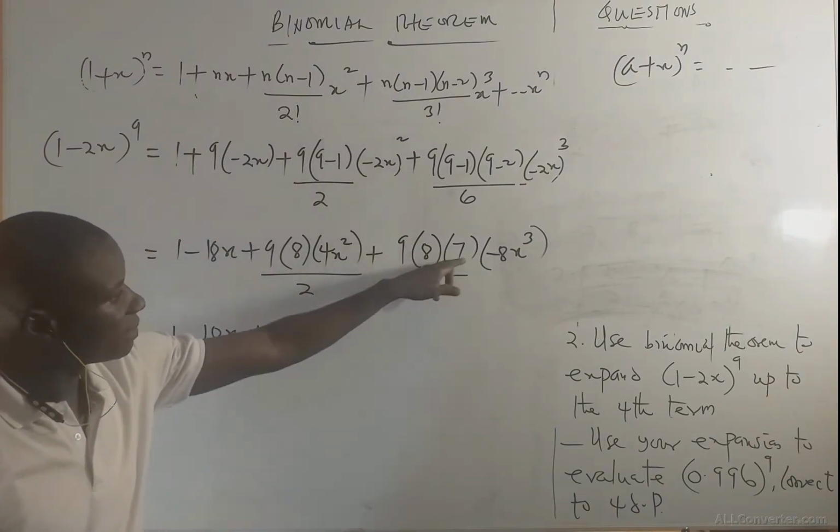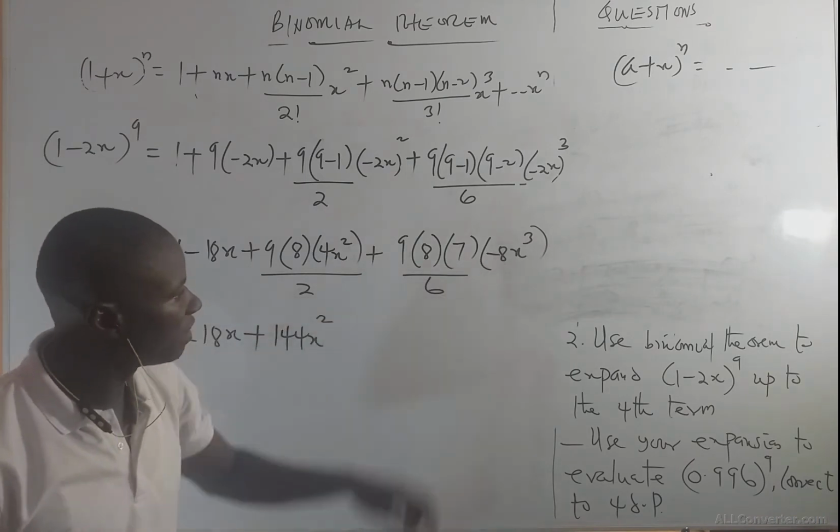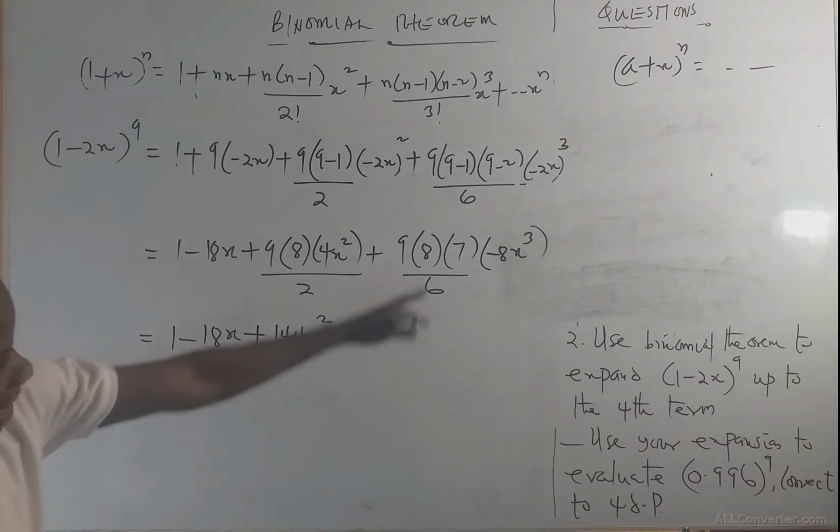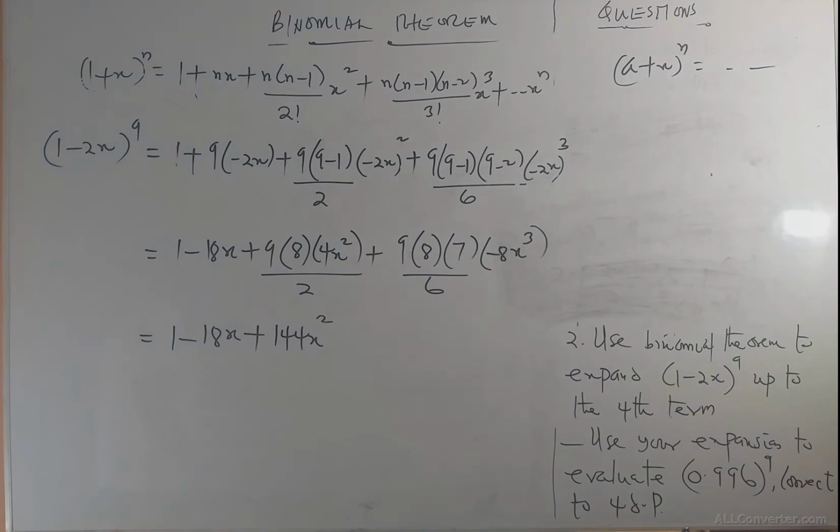Then you also simplify this, but don't forget that because of the negative, your answer will be a negative answer. So 9 times 8 times 7 times -8, all divided by 6. You can use your calculator to do that. You have 9 times 8 times 7 times -8, divided by 6.